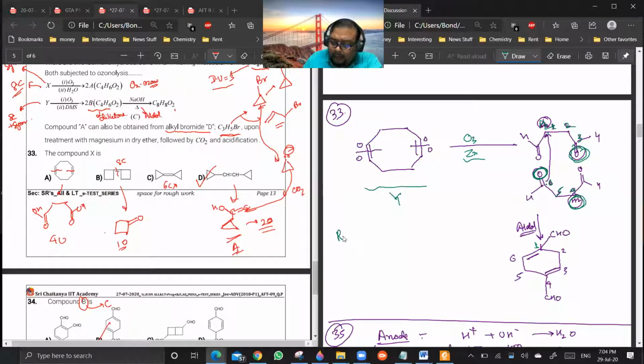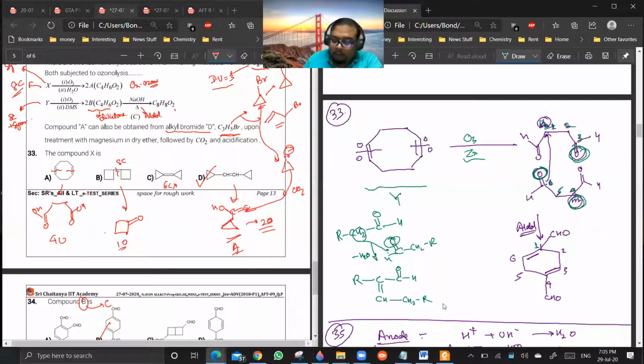Are you remembering this thing? That if you have RCH2CHO and you are doing aldol condensation, meaning you are reacting it with another aldehyde, self-aldol, then these hydrogens and this oxygen will be eliminated as H2O, and you can directly write the product as RC double bond CH CHO CH2R.